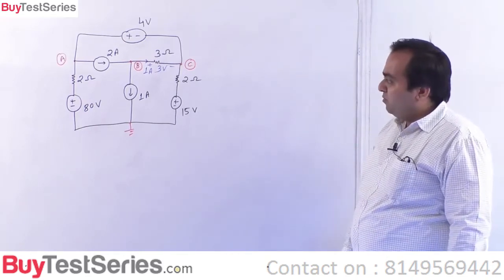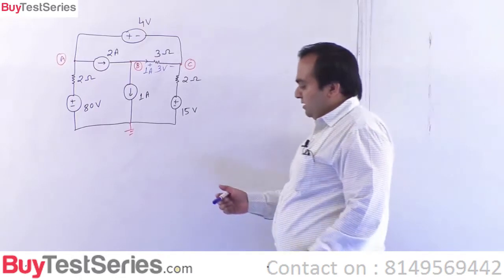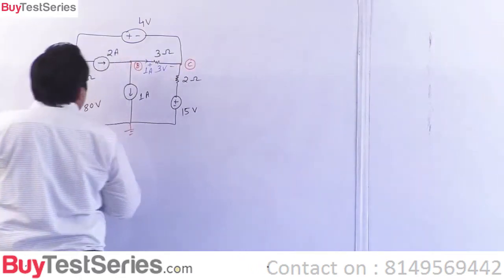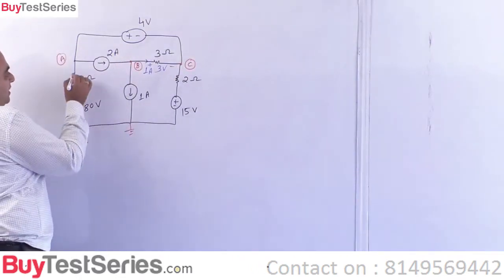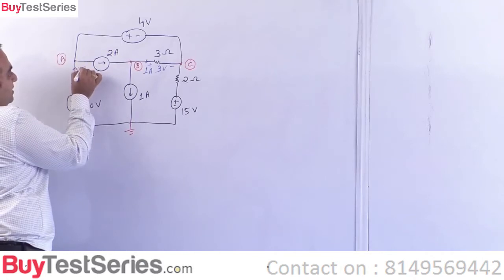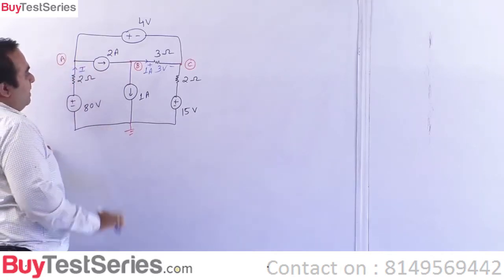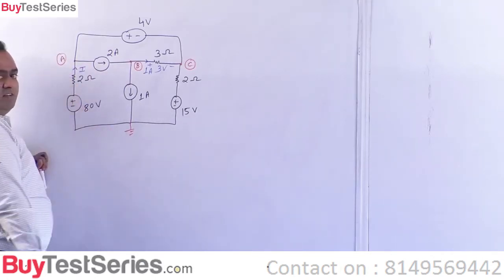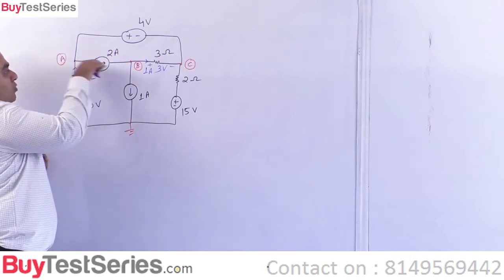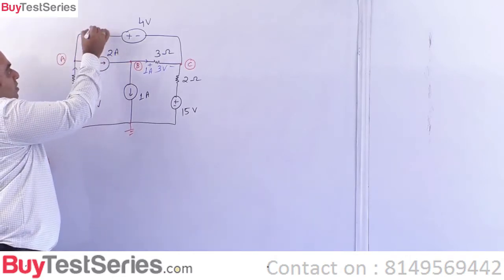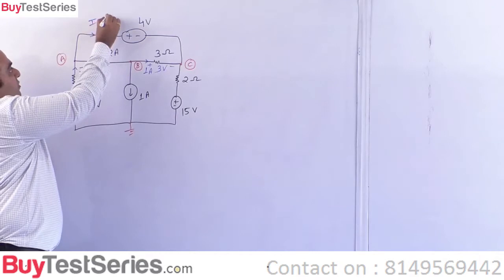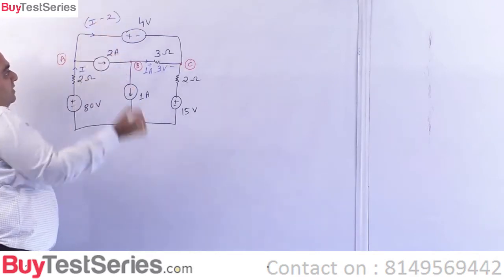For that purpose, what we can do, we can say that this current is, say, I. If this current is I, we have assumed it to be I, 2 goes here, so I minus 2 goes here.